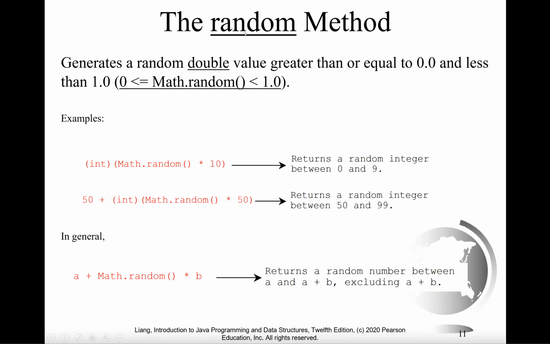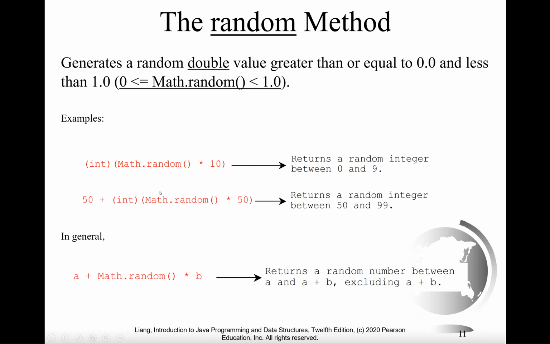You can use this random method to return any kind of value with some processing. So for example here, Math.random times 10 cast to int. So this returns a single digit between 0 and 9. You can return a random integer between 50 and 99.